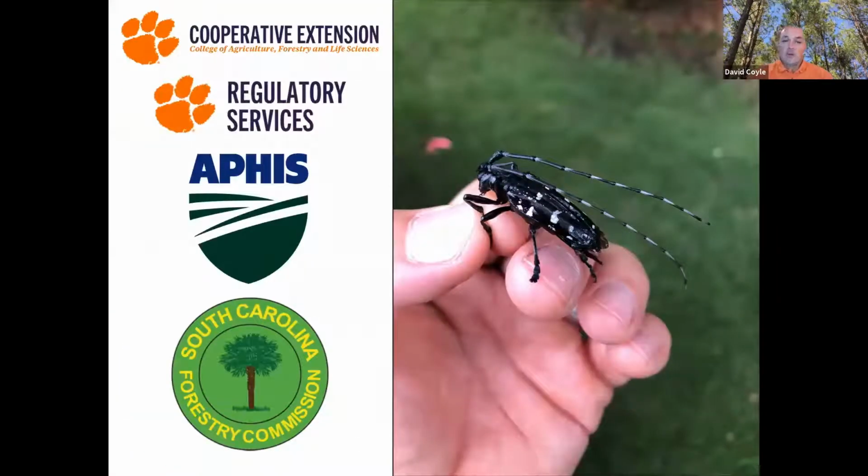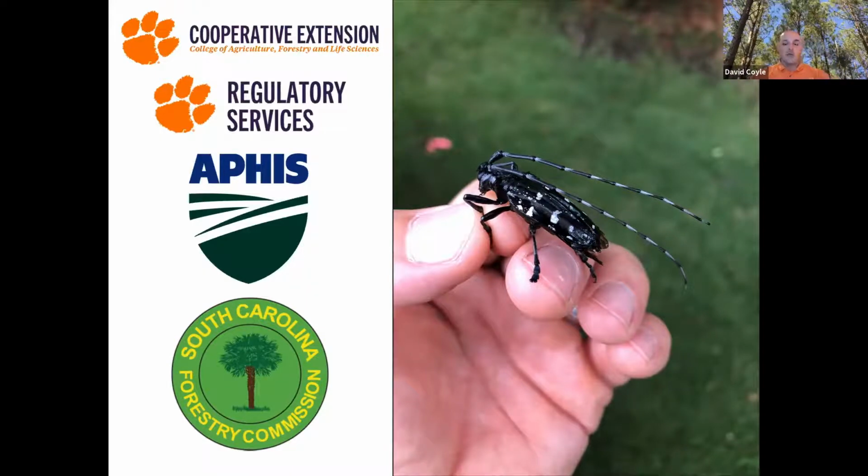Asian longhorn beetle is no different. It takes a village down here between extension, who are doing all the education for folks. Our regulatory services do a lot of the delineation and then working closely with APHIS and our Forestry Commission to help protect our forest resources. So this is a great big thing we have to do to try to get this whole program running. And each of these pests, each state has a program for it. We have a major program for this.